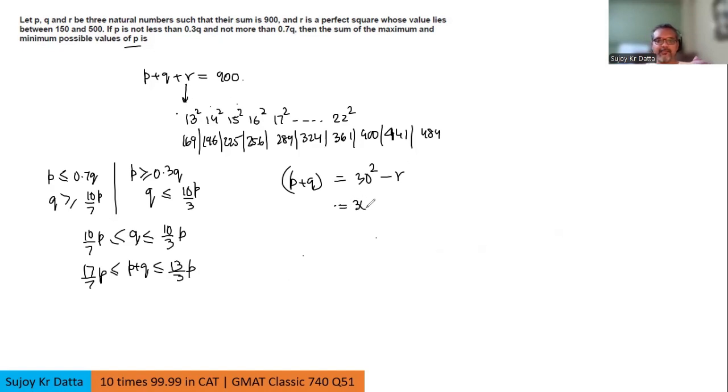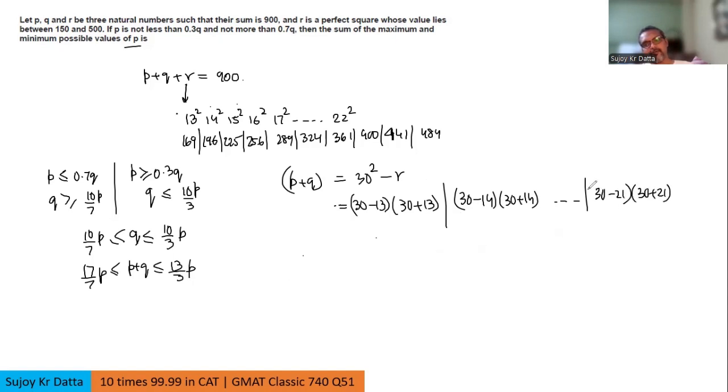So we could have either 30 minus 13 times 30 plus 13 if I'm choosing R to be 13 square, or it could be 30 minus 14 times 30 plus 14, like this. Possible values, still you can go 30 minus 21 times 30 plus 21, or finally let's say 30 minus 22 times 30 plus 22. And P plus Q is basically one of these.